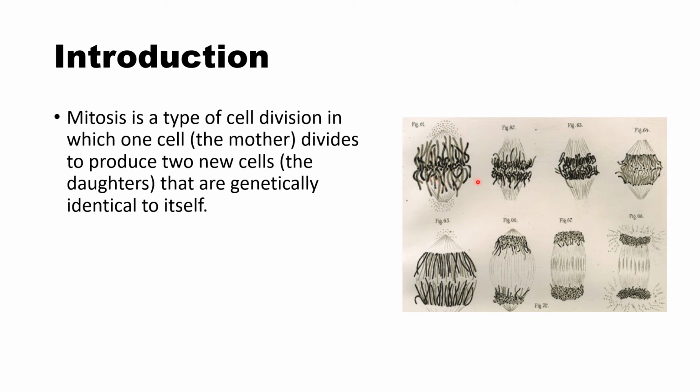Now, there are processes na magaganap hanggang dito sa last part, wherein it produces two new cells. Ito yung mga daughter cells that are genetically identical to itself. So, bakit nga ba genetically identical to itself? Because it comes from yung iisa, yung mother mismo. Nag-divide lang siya into two new daughter cells that are genetically identical to itself.